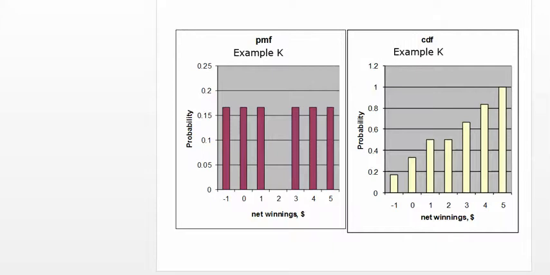And I didn't ask this in this case, but let's go ahead and calculate what the mean value for the net winnings is in this case. And we'll talk about that in a couple different ways that one could calculate it. The equation is that we just take the lump of probability times the value of x associated with it. So we would take -1 times 1/6, and then we add the next combination, so that would be 0 times 1/6 plus 1 times 1/6.